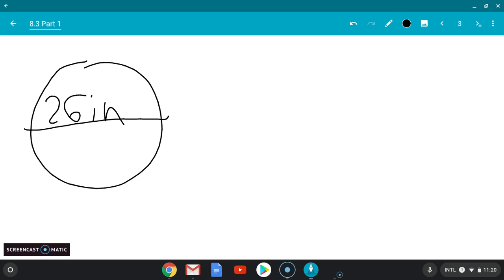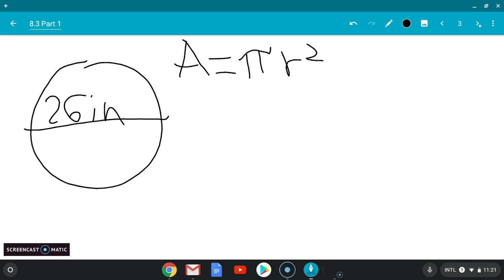Okay, and remember the formula is area equals pi times radius squared. Well, they didn't give us the radius, they gave us the diameter. But what do we know? Well, we know diameter is a measure all the way across the circle, while radius is just a measure from the middle to the outside of the circle. So the radius is always half the diameter.